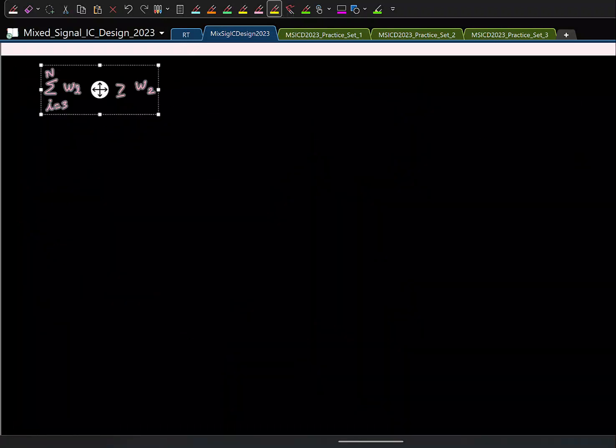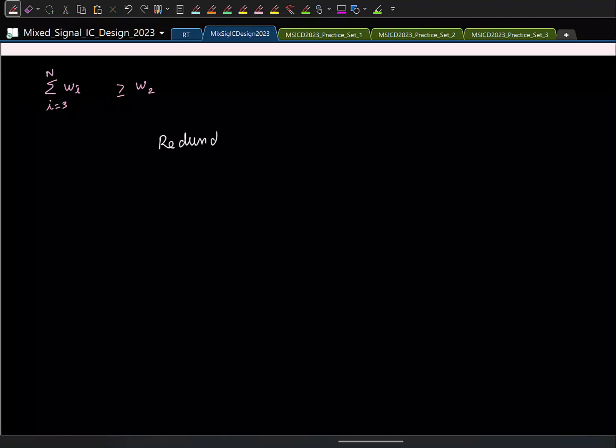So let's generalize it, right? So let us say I want to find the condition for having redundancy in the kth step. By this I mean that even if I make an error in the kth comparison, I should be able to correct for it towards the end. So what do you think the condition might be for this? This is for the first step.